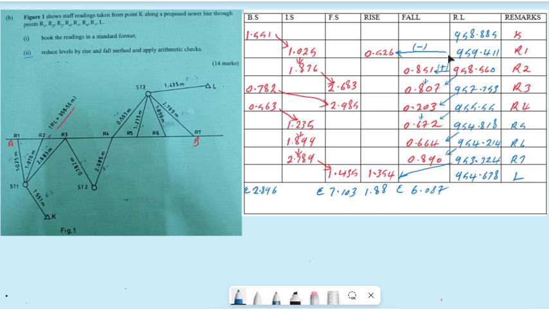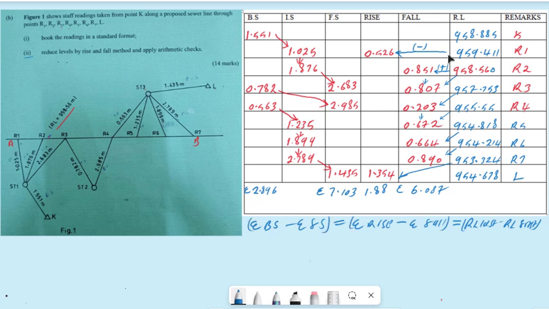So with this one I can check whether the surveying work is okay, and therefore I have summation of backsight minus summation of foresight equals summation of rise minus summation of fall, which equals last reduced level minus first reduced level. So we see whether this one will work.